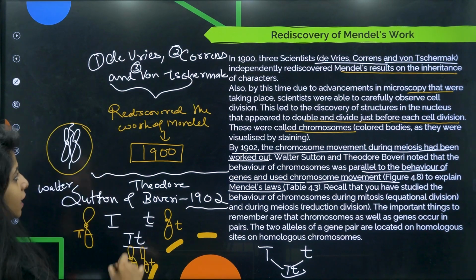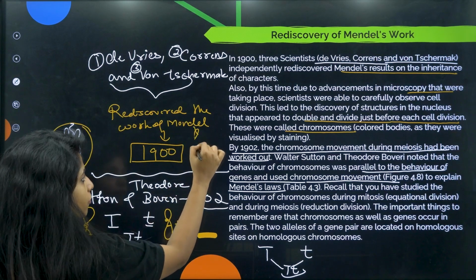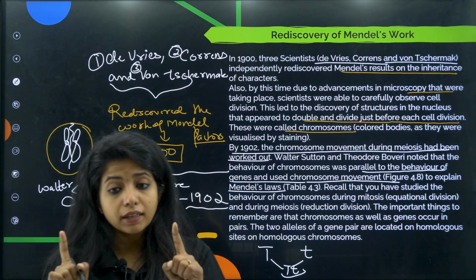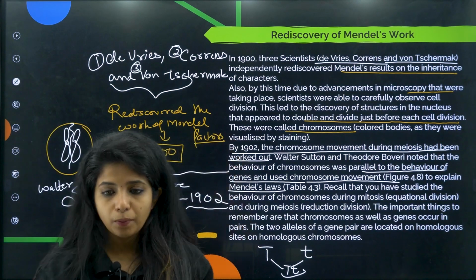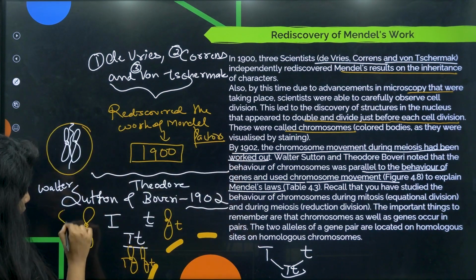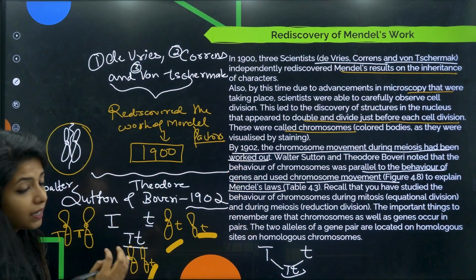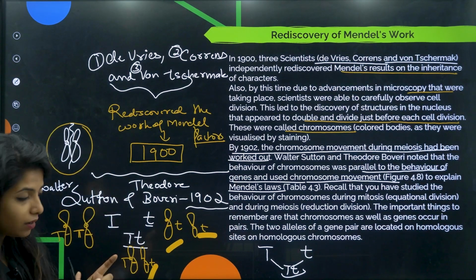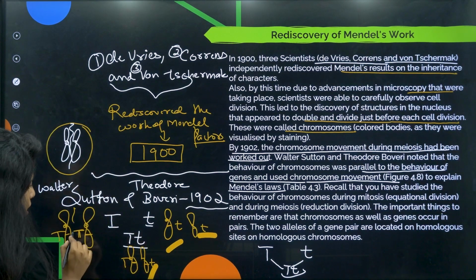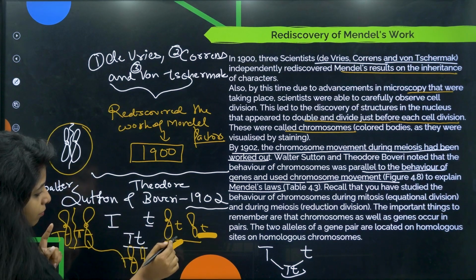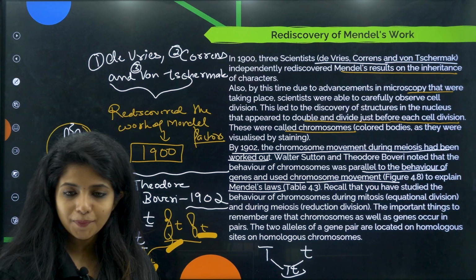So basically in Mendel's work, there were factors. He did not have any physical proof, and he was saying that in a pair of factors, one we were getting from each of our parents. Similarly over here, in a pair of chromosomes, one chromosome comes down and you have a new pair.